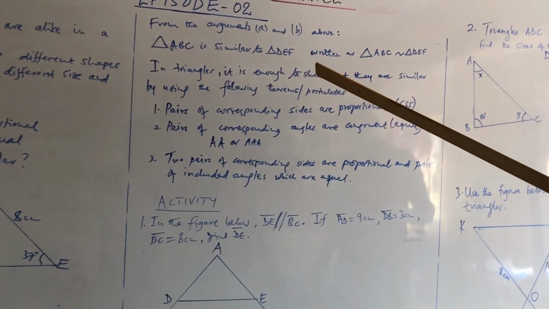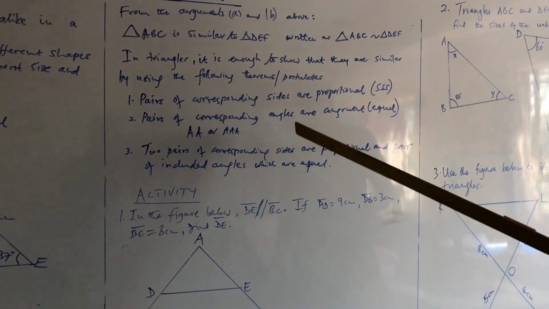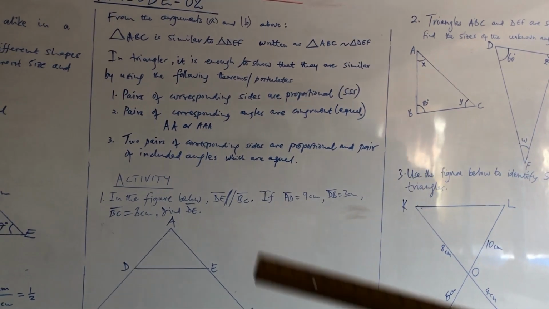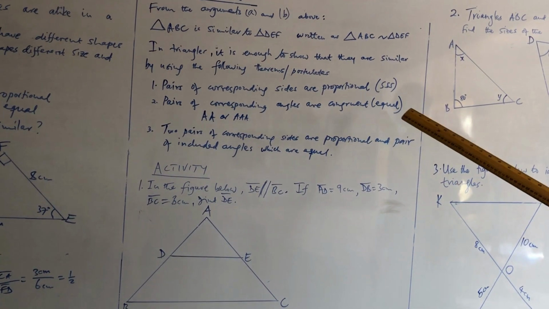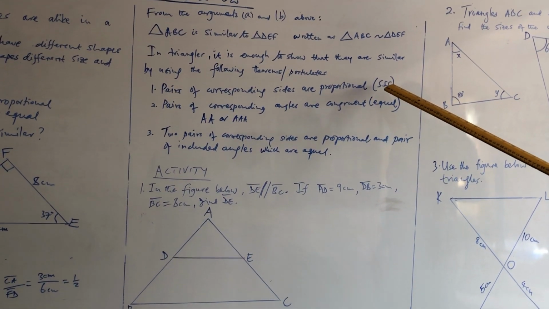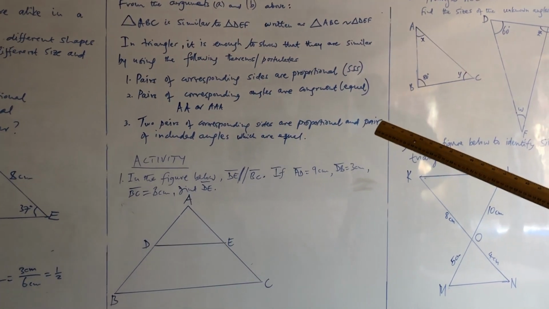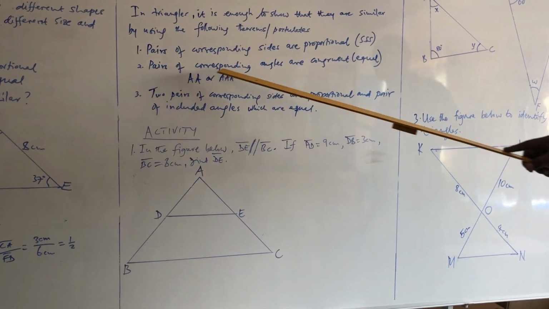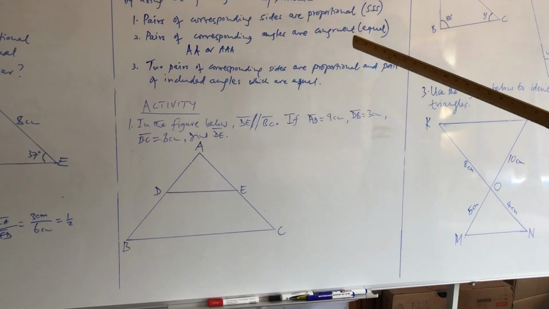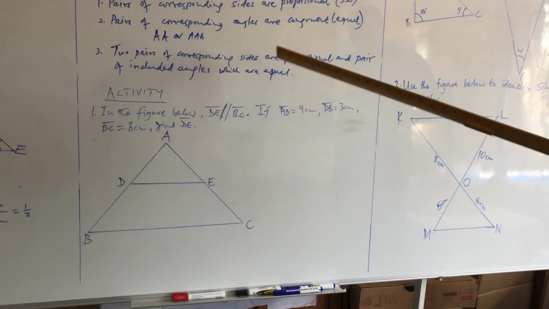Now in triangles, it is enough to show that they are similar by using the following theorems or postulates. One, you can have pairs of corresponding sides which are proportional, and that theorem is called side, side, side, written shortly as SSS. Otherwise, you can have pairs of corresponding angles which are congruent or equal, meaning the angle-angle or angle-angle-angle theorem.